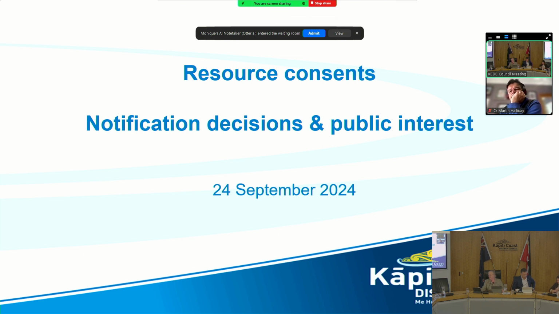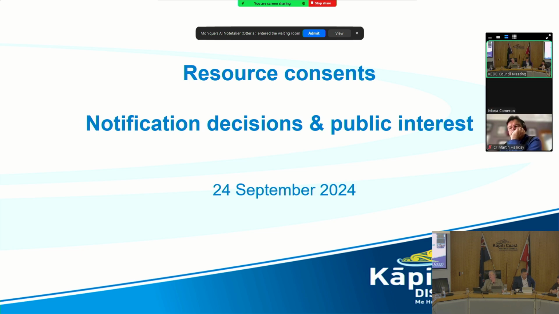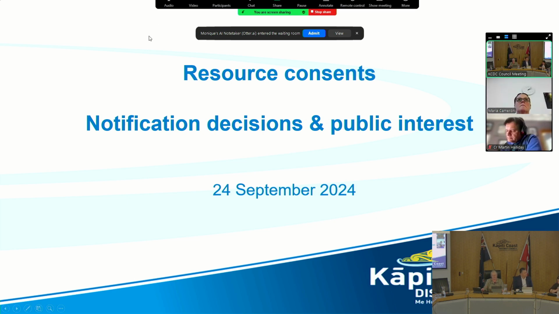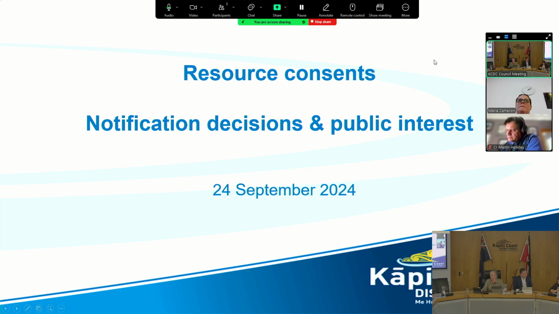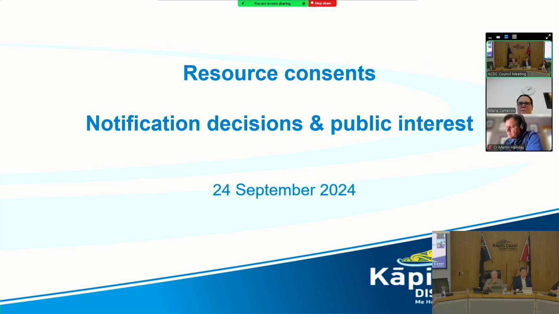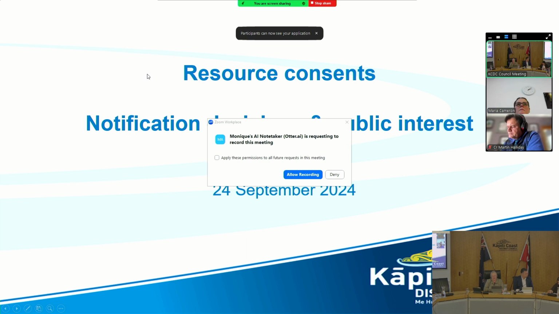Before I start, I think it is probably timely to say that the approach to notification has changed quite a bit over the years with the RMA. Prior to 2009, there was a much broader range of things that we could consider to determine notification, and that really changed with the amendment to the RMA in 2009, where they introduced very strict criteria for notification.